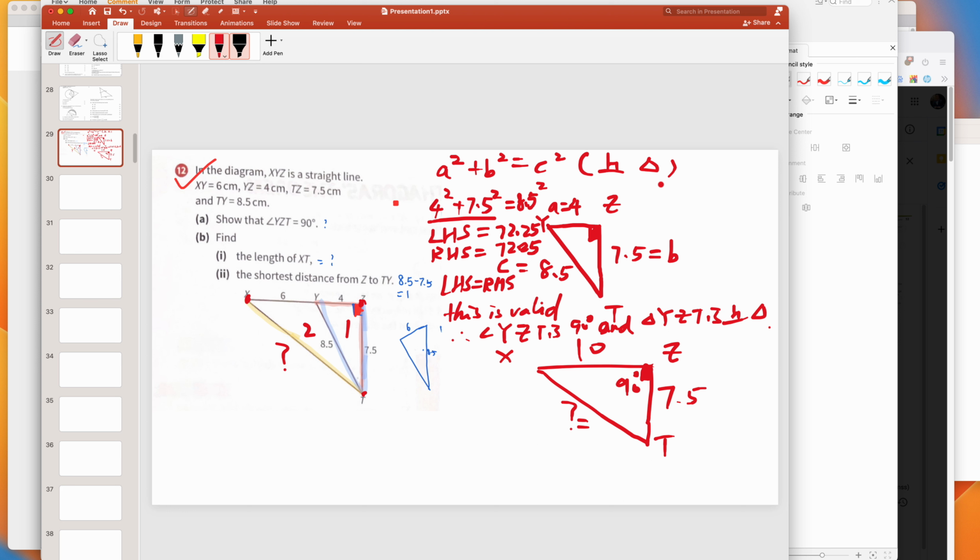What are you trying to do now? I ask you to follow my steps, and then you go and follow. What are you following now? I ask you to write down a equals, b equals. Then you look at my steps.